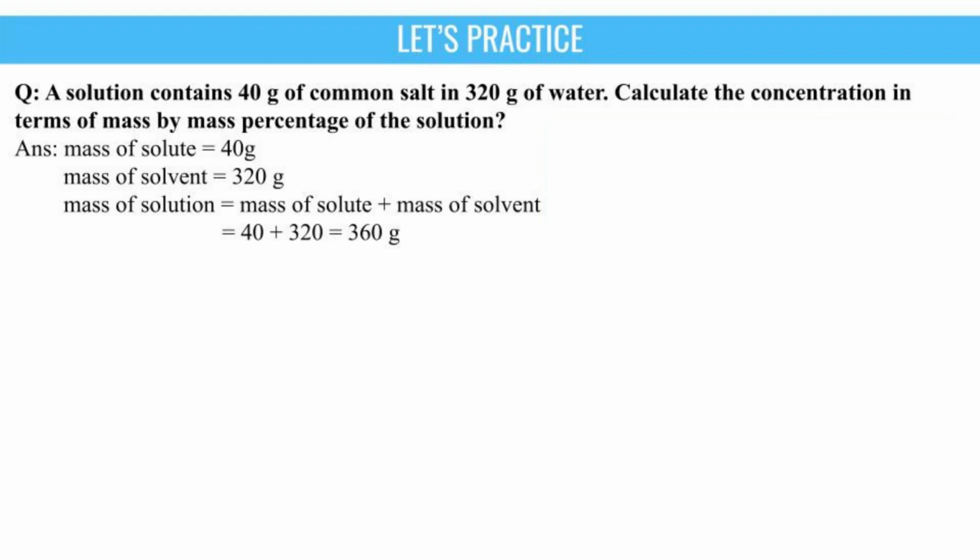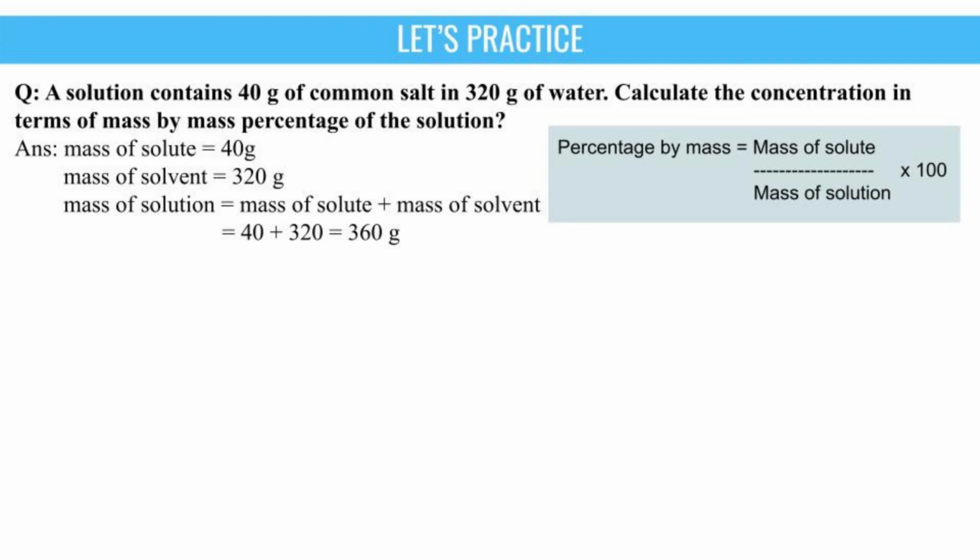So, mass of solution is 360 grams. If we observe the numerical, the values given are in grams. Hence we will use the formula percentage by mass, which is the mass of the solute divided by the mass of solution multiplied by 100. By putting values, the concentration of solution is calculated as 11.1%.